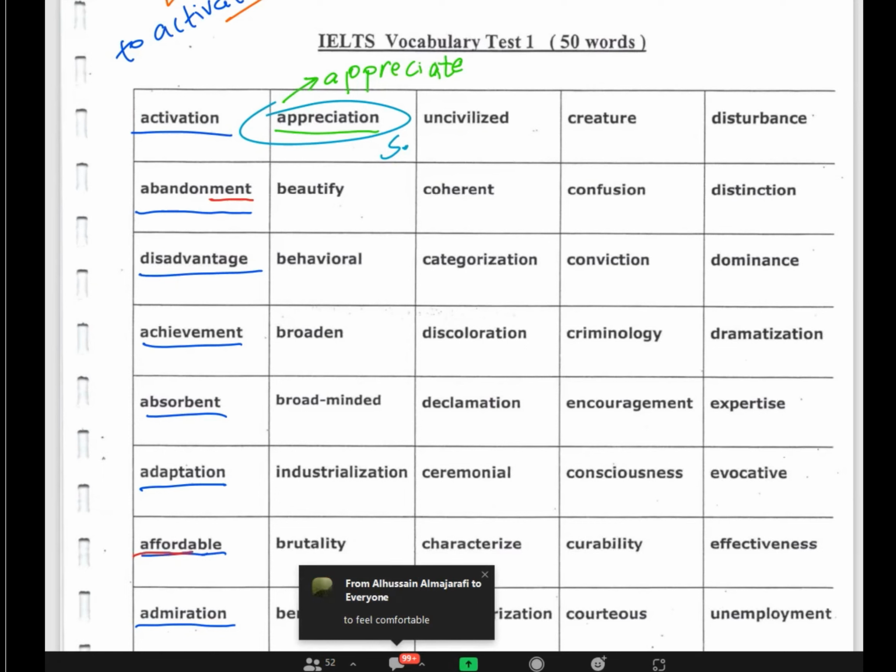So we will do a better performance, we get our goals easily, we feel comfortable, good relations at work.